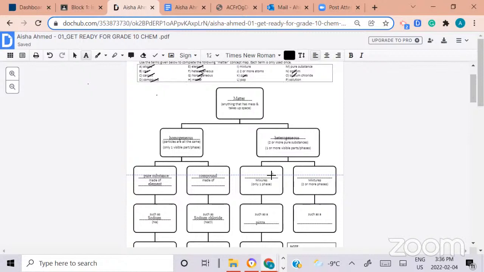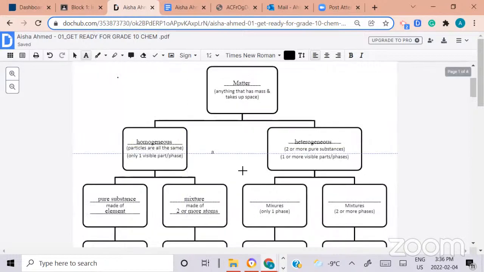So instead of compound, get rid of that. Write mixture there, and then write two or more atoms, because you can have a homogeneous mixture, which is actually like two or more atoms.